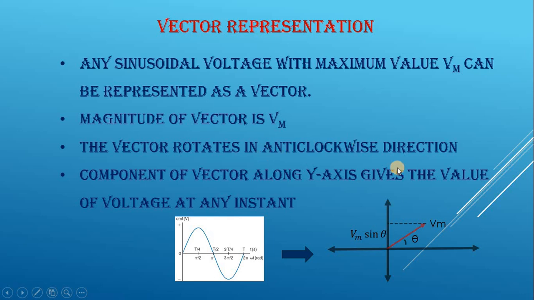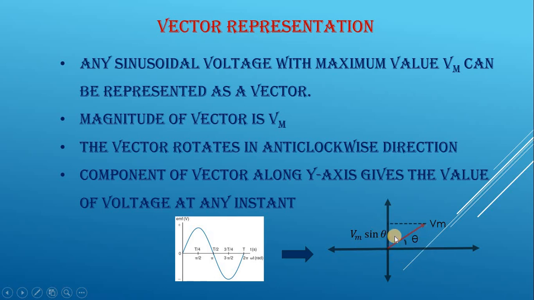The vector rotates in anti-clockwise direction. And the component of the vector along the positive y-axis gives the value of voltage. So the component along y-axis is Vm sin theta, and the component along x-axis is Vm cos theta.